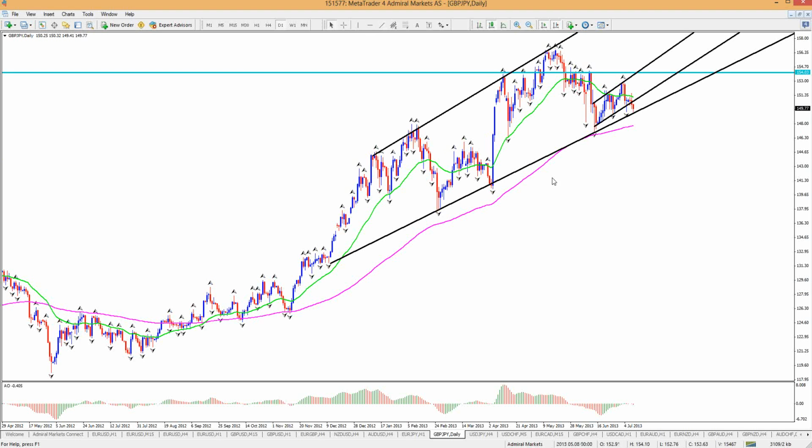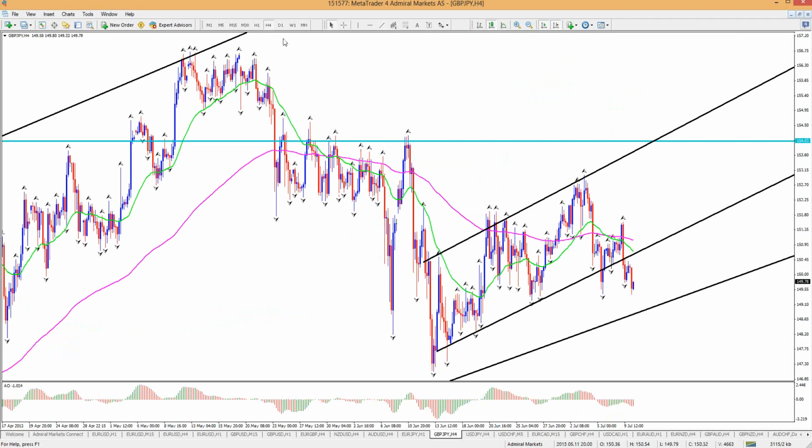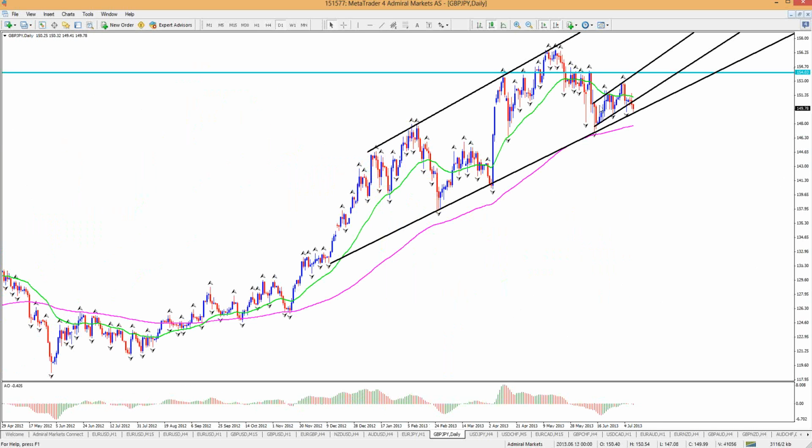Something like this. And if you zoom into the last piece, this downside has been pretty big. It's a bit different than the EJ, but kind of boils down to the same. Basically, we also had a huge impulse here, and we broke out of this correction. So if we break out of that correction, it could be also good for upside, just like here. But we are very close to the bottom trend line.